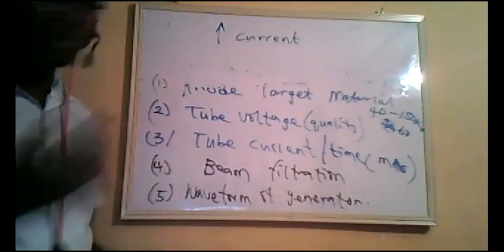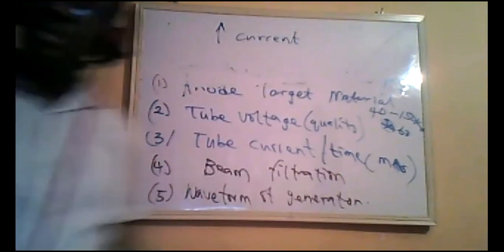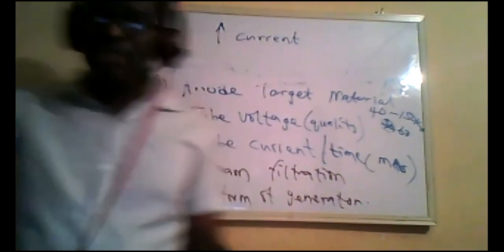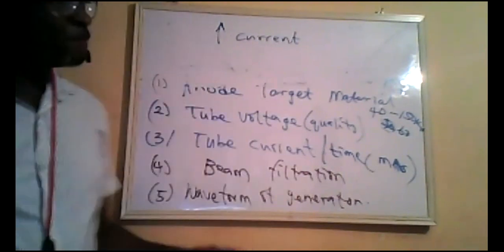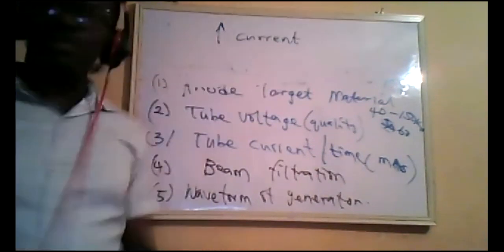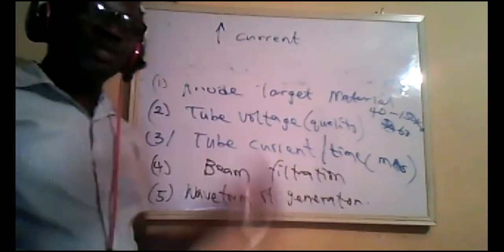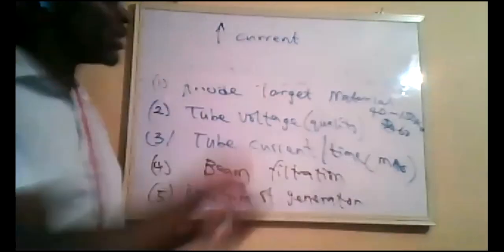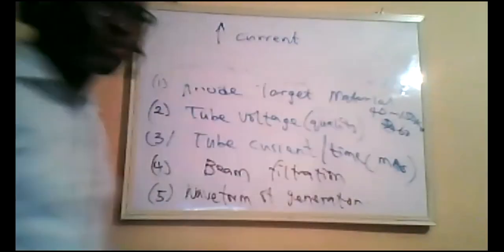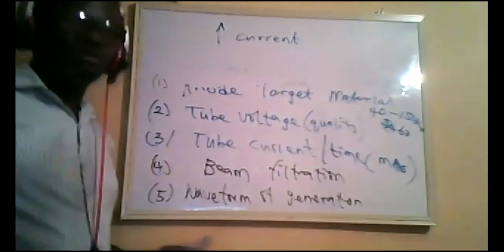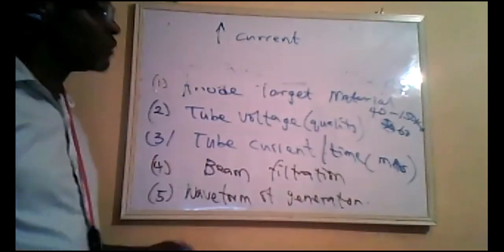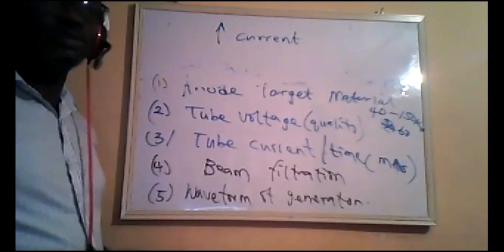The more the current, the more electrons that will stream towards the anode. Of course, it will lead to production of so many X-ray photons.